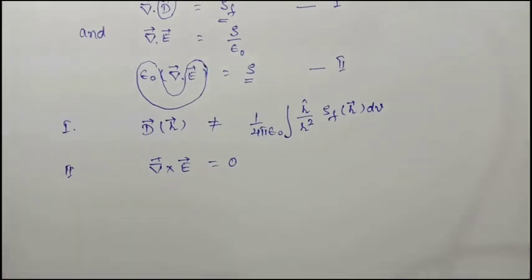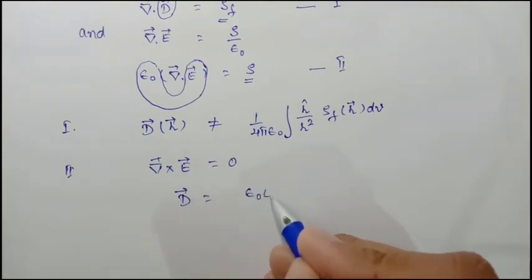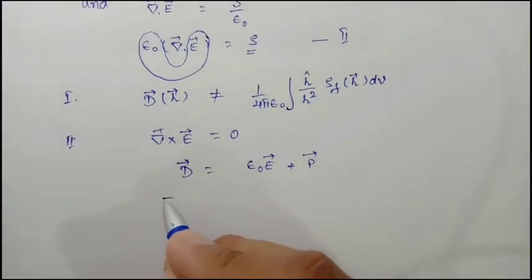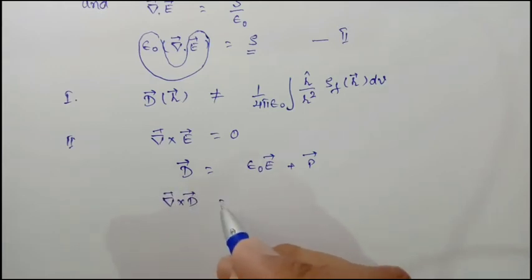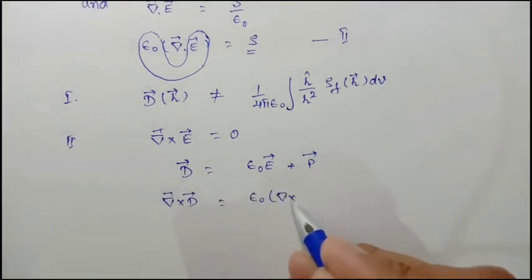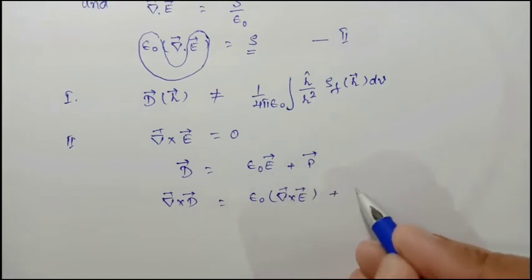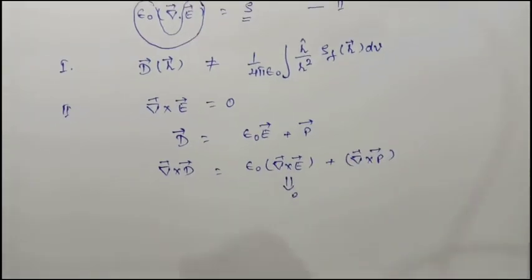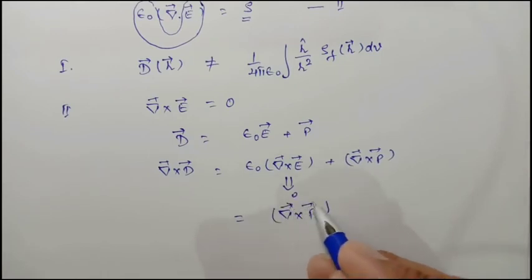But in case of electric displacement, we know D is equals to epsilon naught E plus P. If we take the curl of this, that is del cross D, this is equals to epsilon naught del cross E plus del cross P. No doubt this factor is equals to 0, but there is no reason in general to suppose that del cross P is equals to 0.